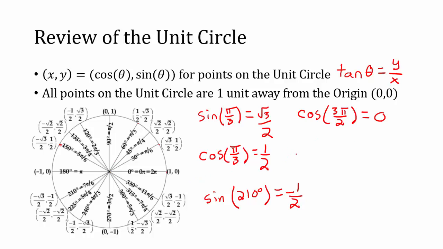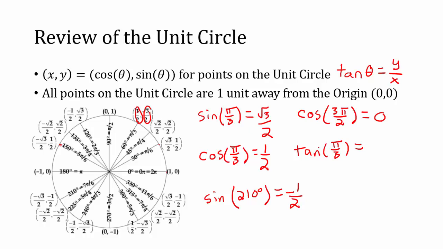So if I wanted to do, say, the tangent of pi over 3, I would just look at the ratio of the y-coordinate to the x-coordinate, y divided by x. Now, both the y-coordinate and the x-coordinate have a denominator of 2, so that would cancel.